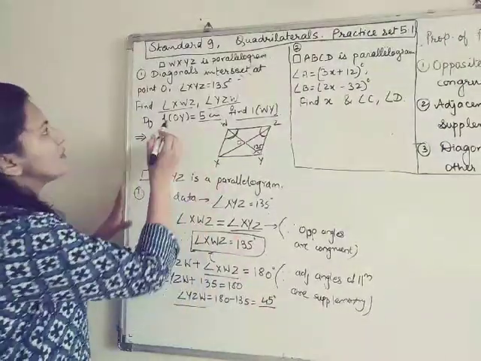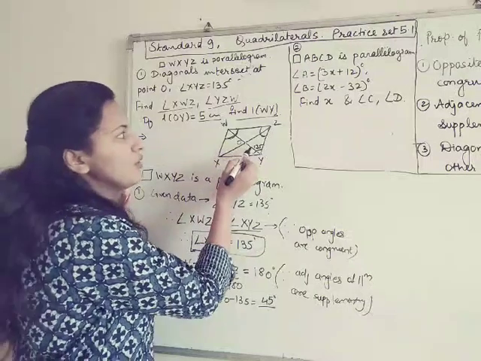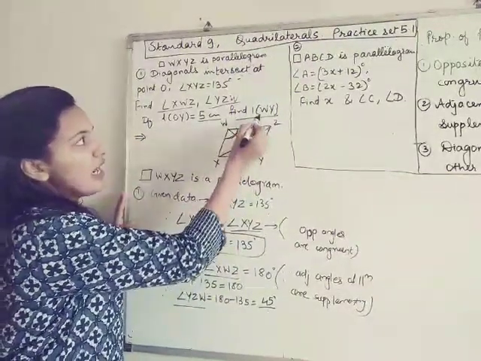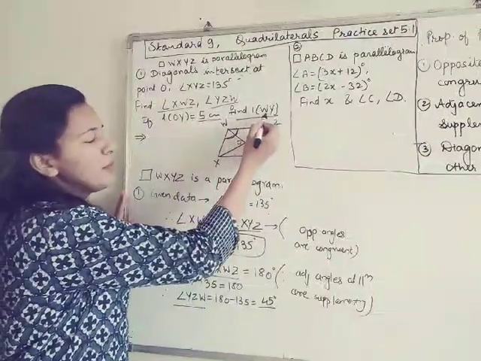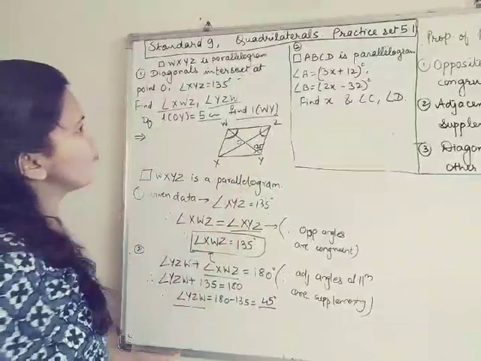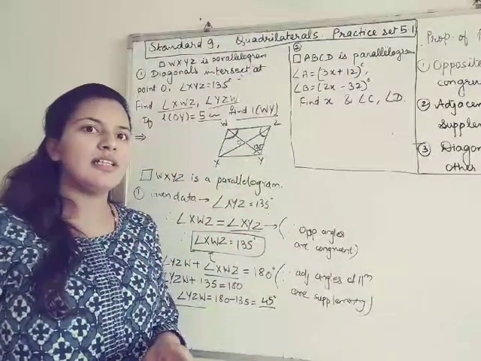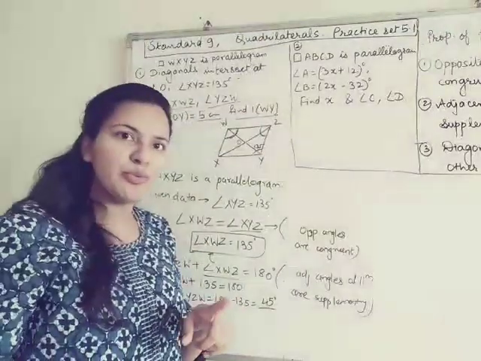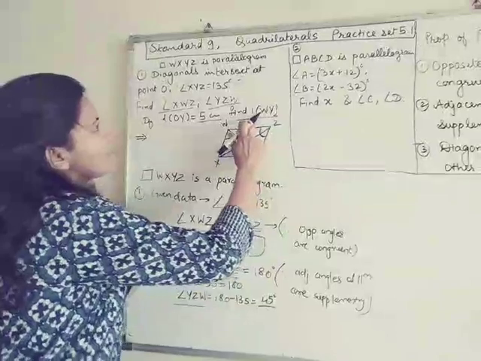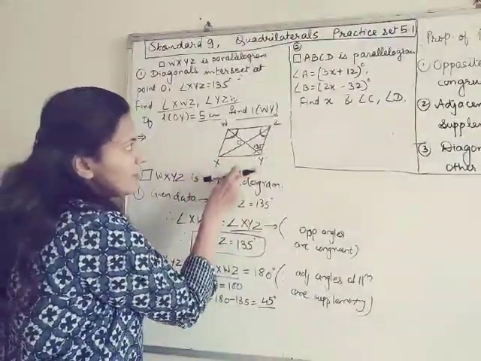Next, the length of OY is given, 5 centimeter. We need to find out the length of the entire diagonal, that is WY. What is the next property? The diagonals bisect each other is the property which we are going to use in this case.